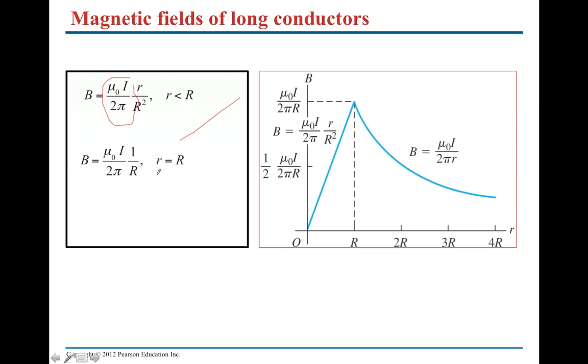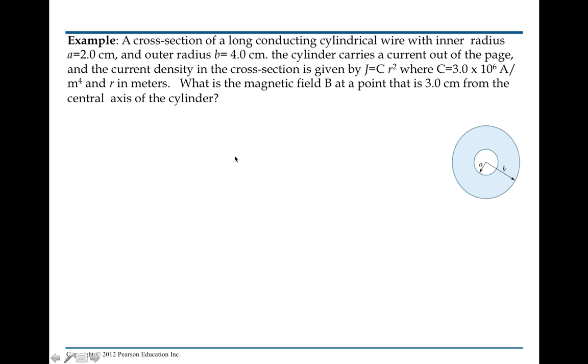However, when r is greater than big R, so that's outside, then it's 1 over r. So the magnetic field is linear inside the wire, and when you go outside the wire, it's 1 over r. The maximum value happens when r is equal to big R. That's the maximum magnetic field value.